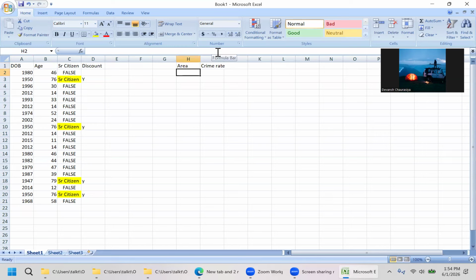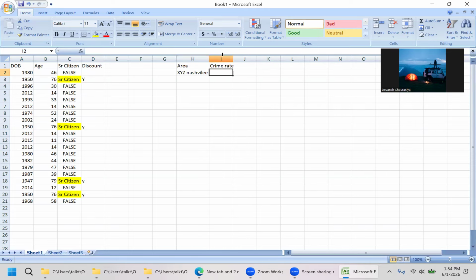Let's say the area is XYZ, and the crime rate is high, medium, low, and safe, safe meaning zero crime rate.